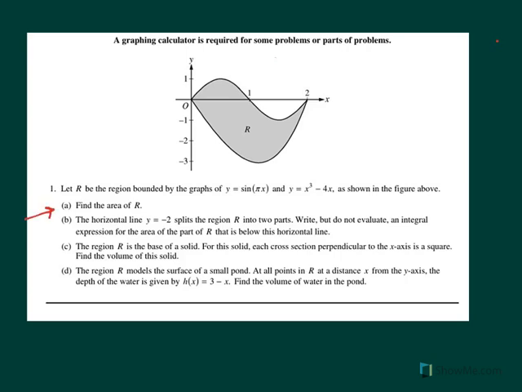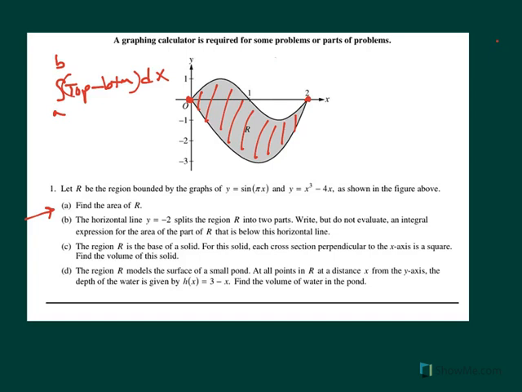So for part A, it just says find the area of the region R between the two curves. So to find the region between two curves, you're just going to integrate the top curve minus the bottom curve. So big idea, we're going to integrate top curve minus bottom curve from A to B, and you'll need to determine the A to B, so it looks like it's going to go from 0 to 2 in this particular case.